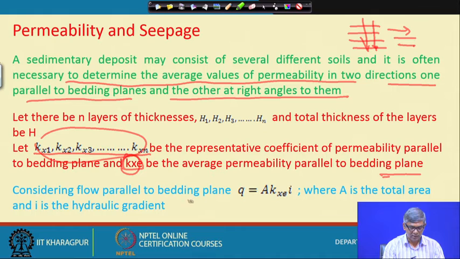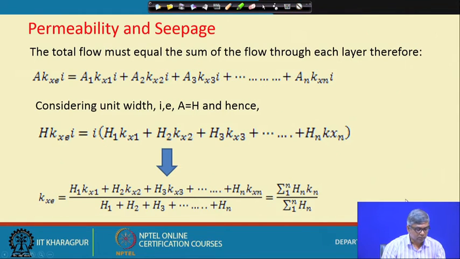Considering flow parallel to the bedding plane, Q will be equal to A Kxe into i, if I convert into an equivalent layer, where A is the total area and i is the hydraulic gradient. Now, the total flow must be equal to the sum of the flow through each layer.